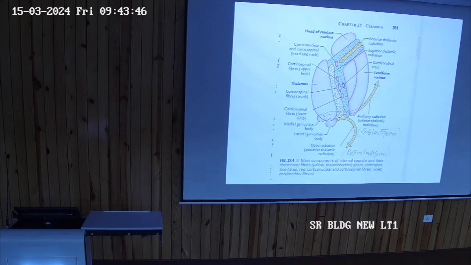So projection fibers run through the internal capsule, and coming out from it, they reach the different parts. Here the diagram shows the medial geniculate body and lateral geniculate body. The medial geniculate body is concerned with auditory sensations. The lateral geniculate body is concerned with vision. You can see here the auditory radiations, which I will not tell you at present.